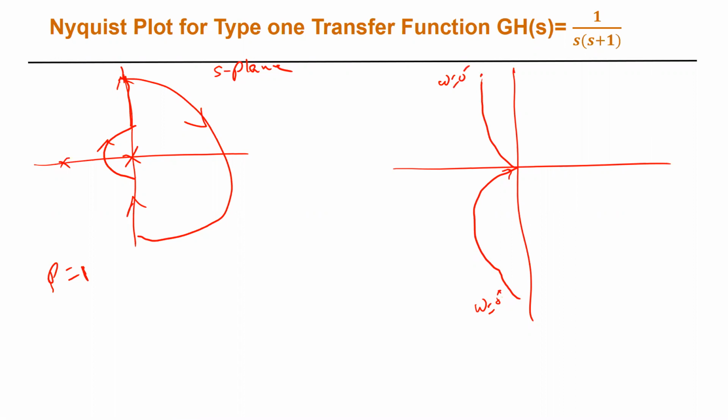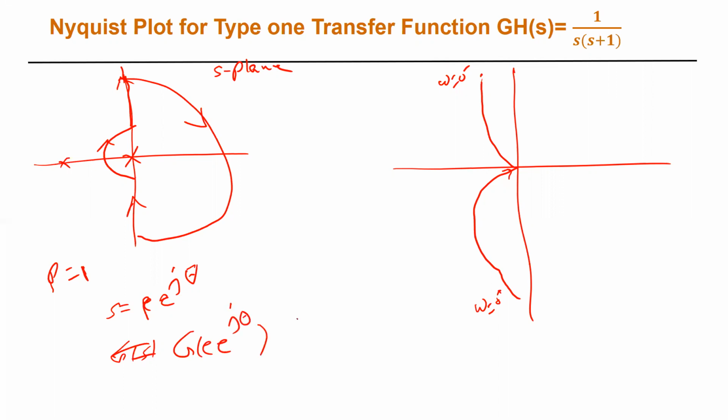Now, again, if S equals rho e to the j theta, we said we are going to have G of rho e to the j theta.